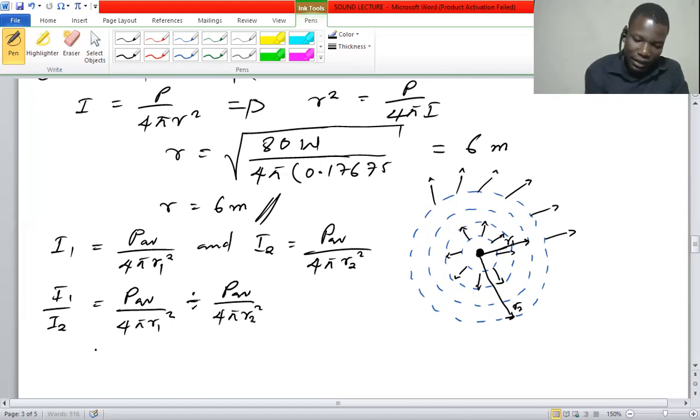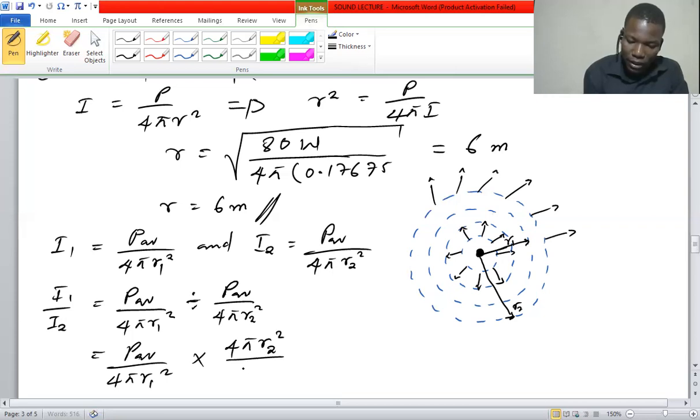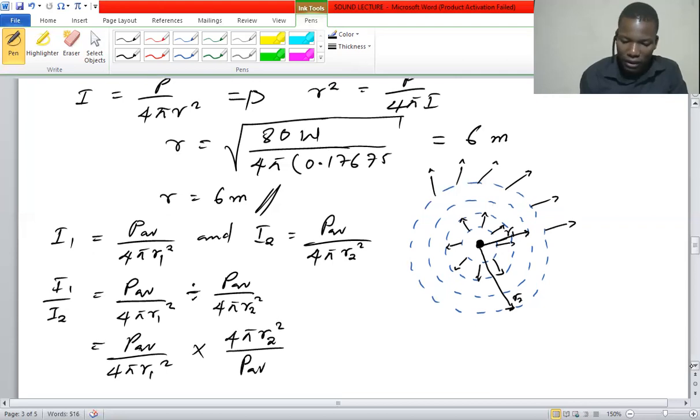Yeah, and then here we are going to have power squared. Okay, and then we introduce a multiplication sign. The numerator goes on the denominator, and the denominator goes on the numerator. Like that. So energy is the same.